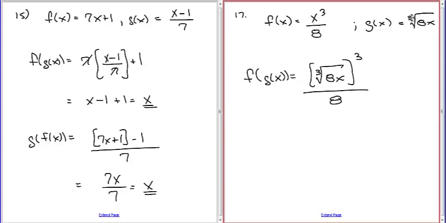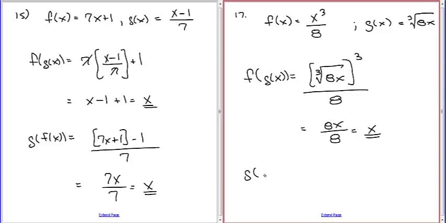So instead of x, I plug in g of x. Well, the cube root cubed is just the argument, so you get 8x for that. For the numerator, you get 8x, in the denominator 8, which cancels out and becomes 1, gives you x, so that's good.